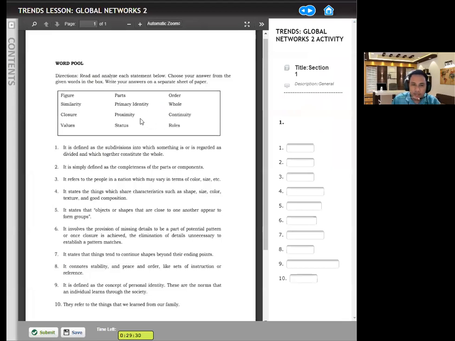Kung ano yung pagkaka-spelling dito sa choices sa box, yun din ang isasagot, in the underline, in each item. Kung figure lang nakalagay dyan, figure lang yan. Huwag nang lalagyan ng S na figures, kasi wrong spelling is wrong. It doesn't matter kung capital, lowercase or uppercase, it's either of the two. Pero dapat tama ang spelling.